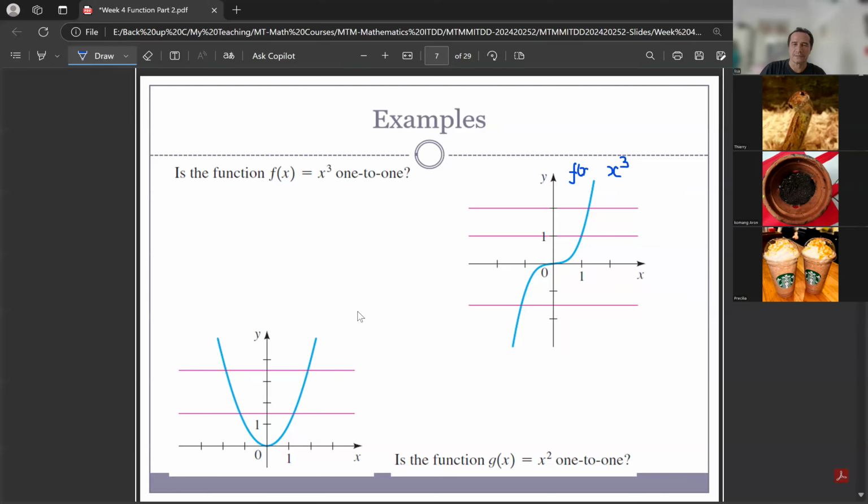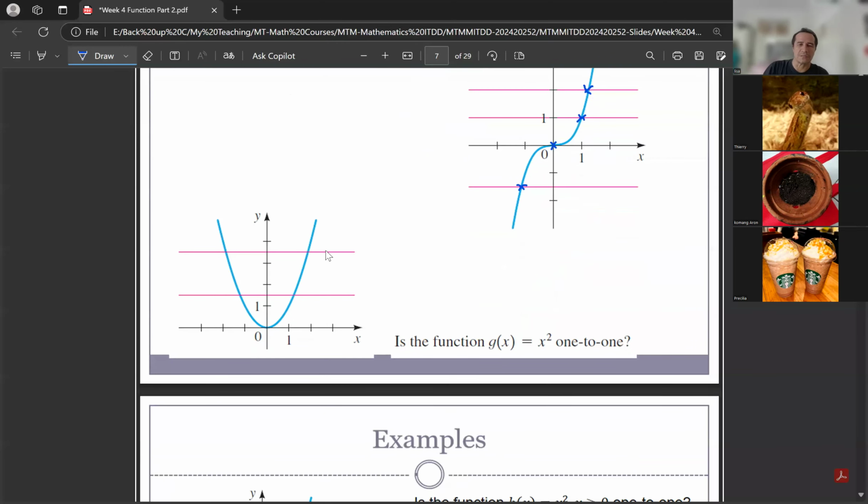We make some horizontal lines, the red lines, and we can see that every horizontal line intersects the function in only one place. The intersection is here, and also here, and also here, only one.